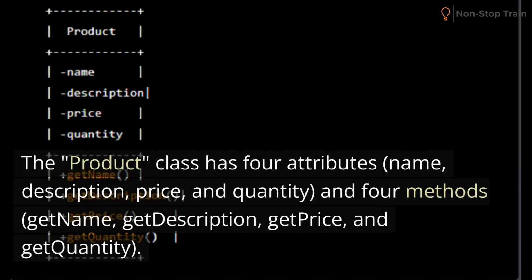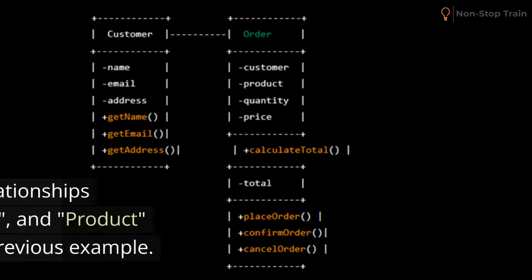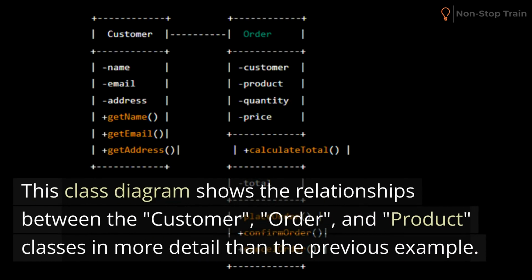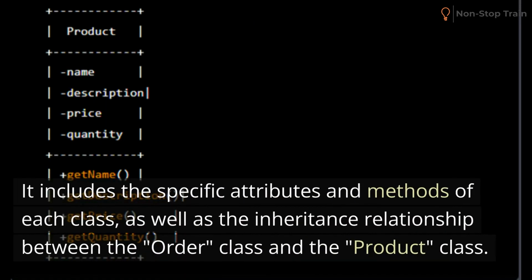The product class has four attributes: name, description, price, and quantity, and four methods: get name, get description, get price, and get quantity. This class diagram shows the relationships between the customer, order, and product classes in more detail than the previous example. It includes the specific attributes and methods of each class, as well as the inheritance relationship between the order class and the product class.